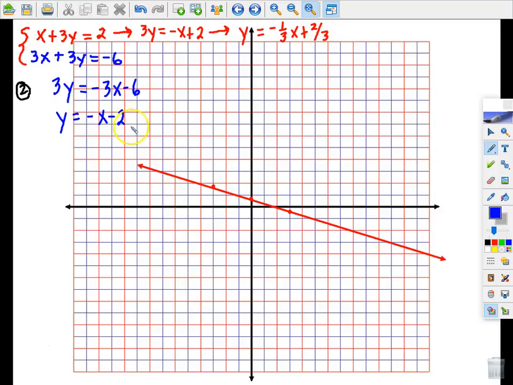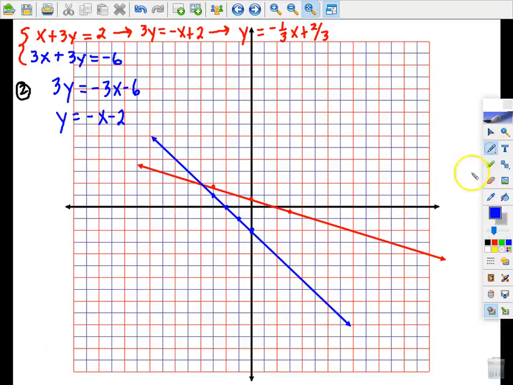Okay, so I start off with a y-intercept of negative 2, which is right there. And then I have a slope of negative 1. Okay, and you really just need 3 points on your line, but I did a little extra. Okay, get a running start, and here is the blue equation.